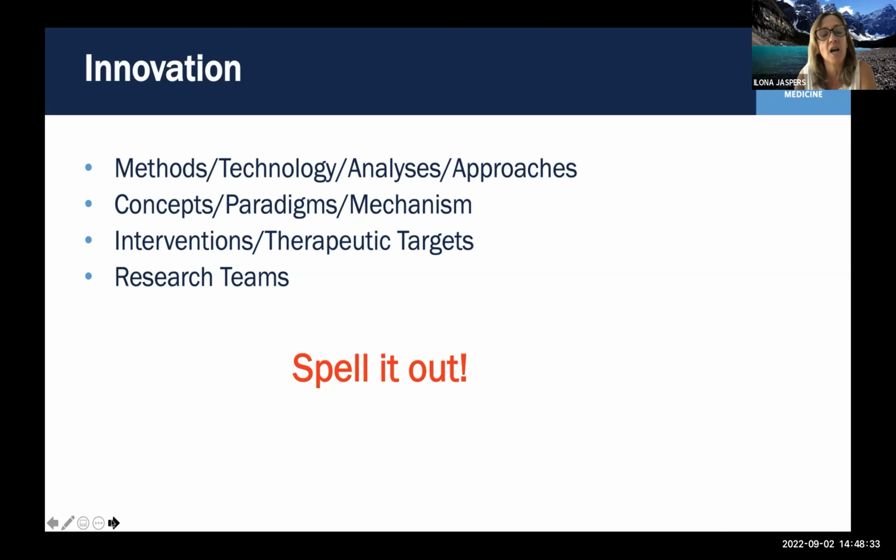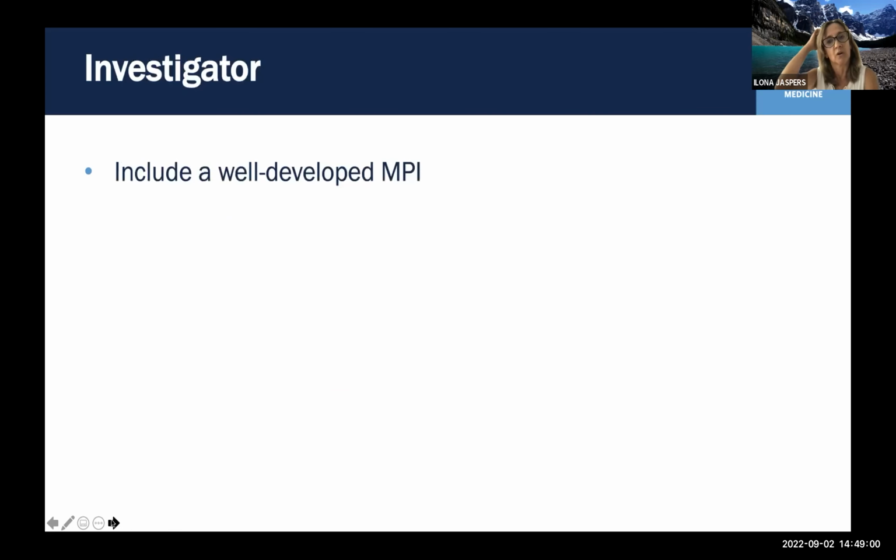Make sure that what kind of innovation you're proposing, you spell it out. Basically say it has technological innovation, it proposes a novel paradigm. Spell out how it is innovative and what components are really strengthening the innovation score of your application.